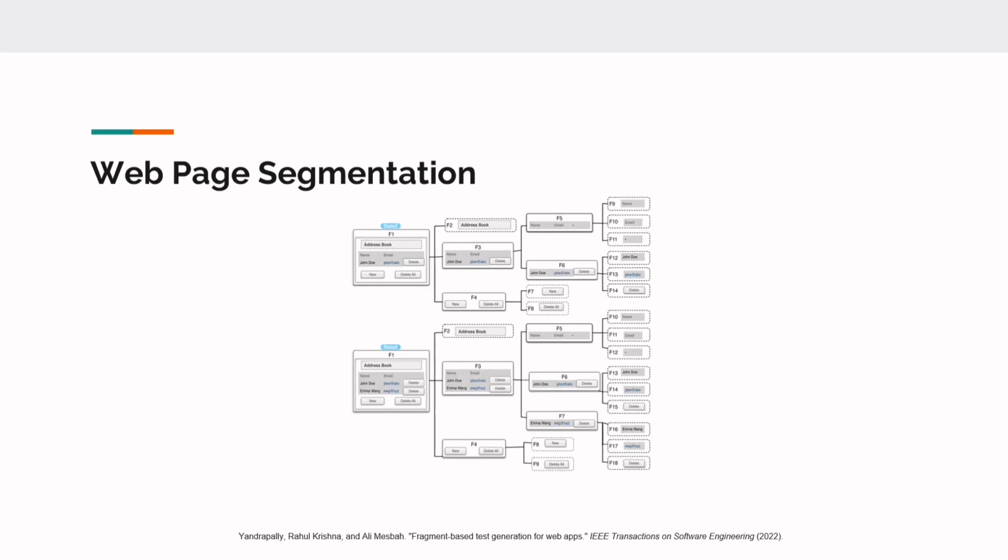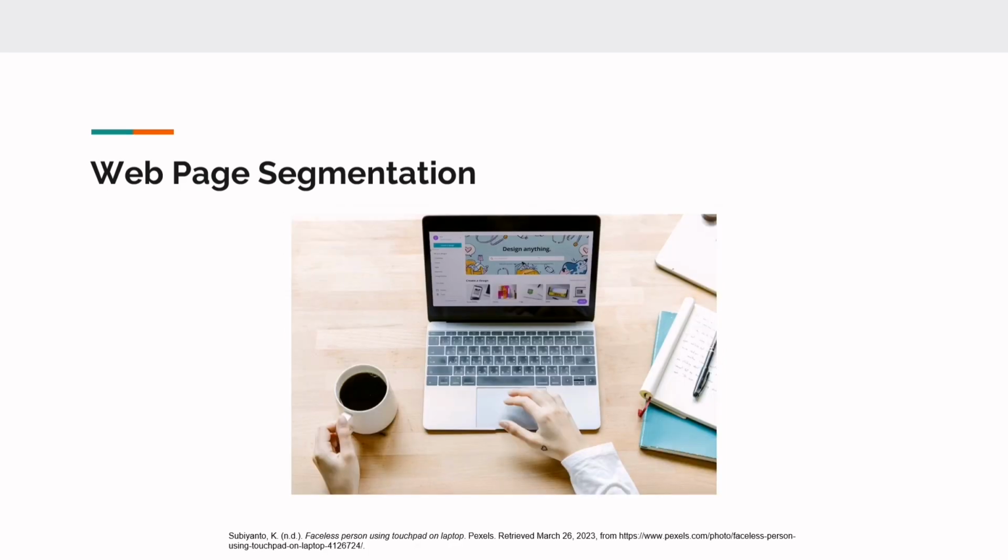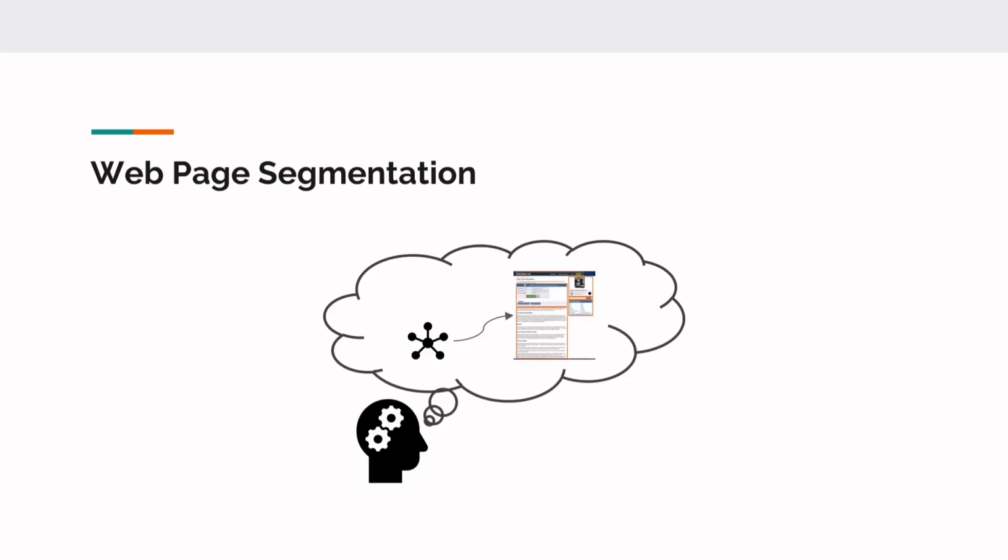The downstream tasks of web page segmentation include automatic web application testing, automatic screen reading, and web information retrieval. To the best of my knowledge, there is no existing work that trains neural networks to accomplish this task.